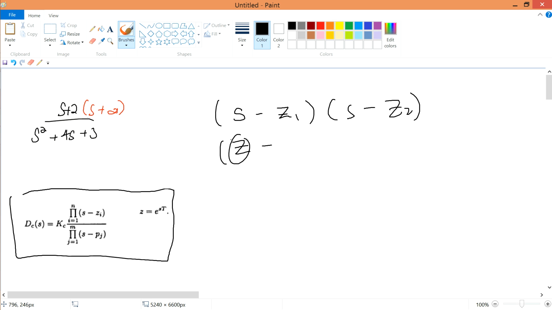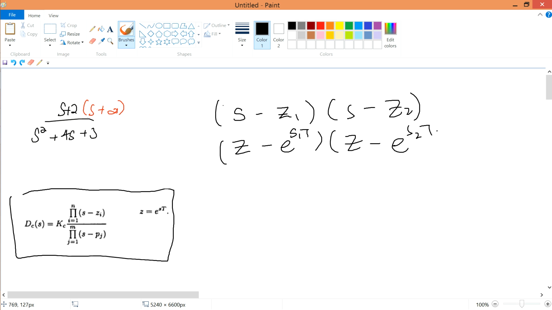This is the standard way of doing this. While this z1 I'll change to e^(s1 t), and s I change to z, while minus z2 I change to e^(s2 t). Over here I no longer need to change this to e^(st). I'll just switch it to z and that's it.